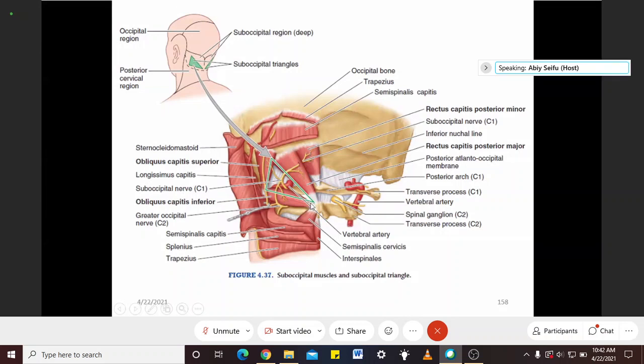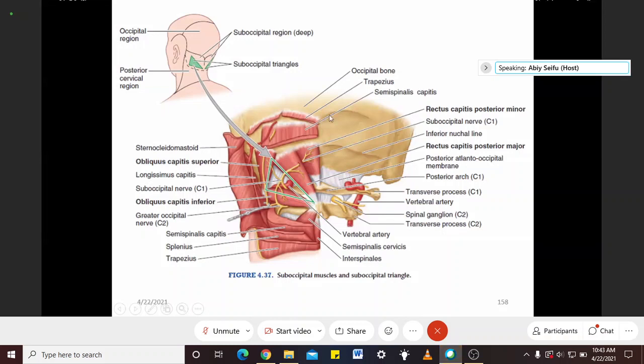Look at the bones first. This one is C2 and this one is C1. This is the posterior arch of C1, this is the inferior nuchal line, this is the superior nuchal line, and this is the external occipital protuberance of the occipital bone.